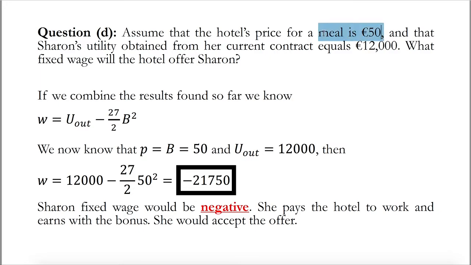So as the exercise is telling us that the price for a meal is equal to 50, because of our results in point C, we also know that B, the bonus, is going to be equal to 50.